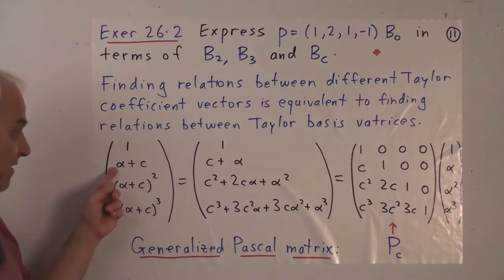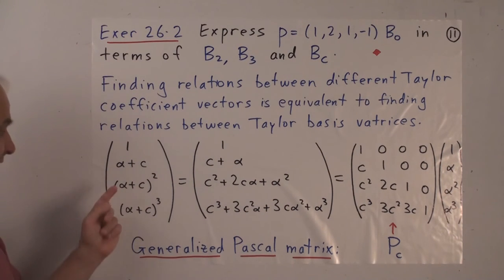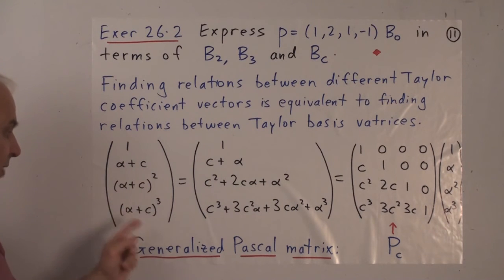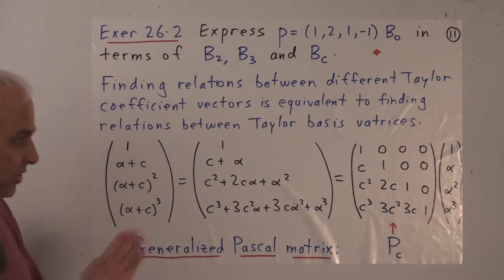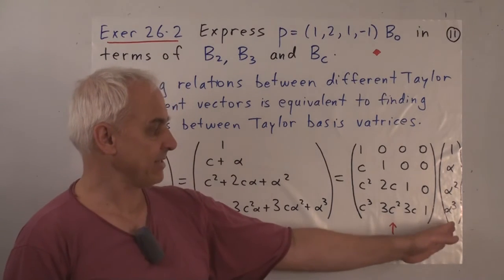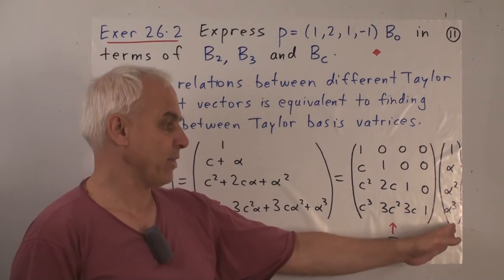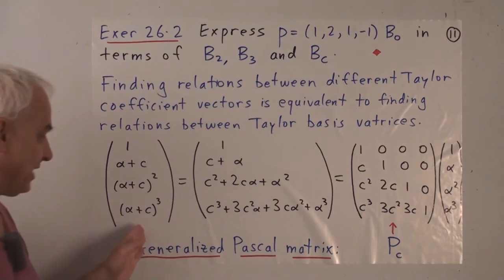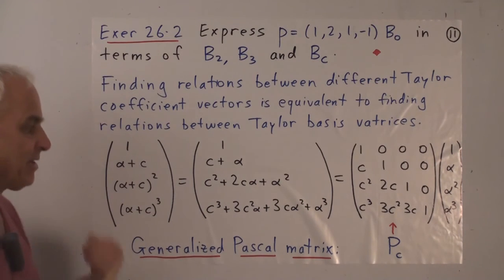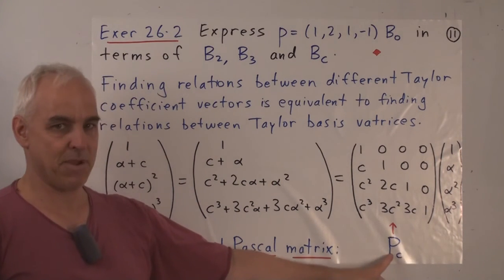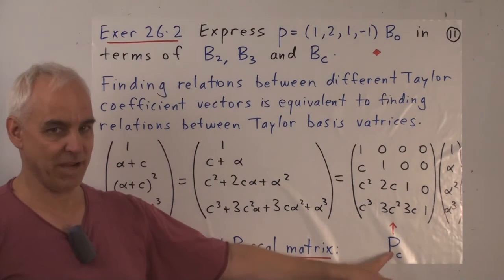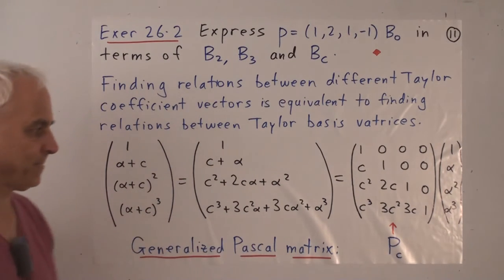And then over here we would have alpha plus D plus C all squared, and alpha plus D plus C all cubed. So the relationship between the Taylor basis at minus D and minus D minus C is still multiplying by the same generalized Pascal matrix P sub C.